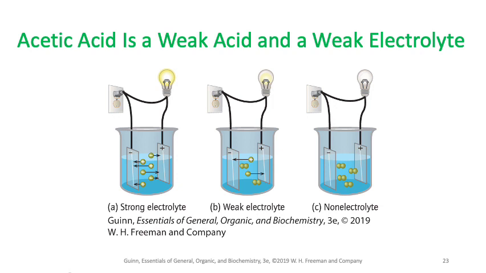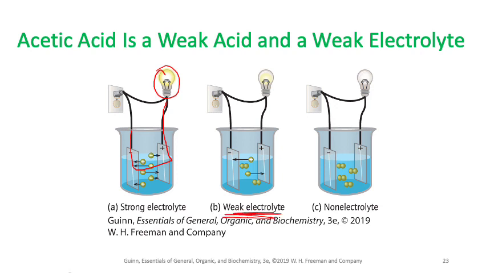If the acid is strong, that means you have a lot of ions present in the solution, and if I turn on the switch, you will complete the circuit, because the ions can carry the electric current from one electrode to the second electrode. Then the bulb will shine bright compared to the weak electrolyte.